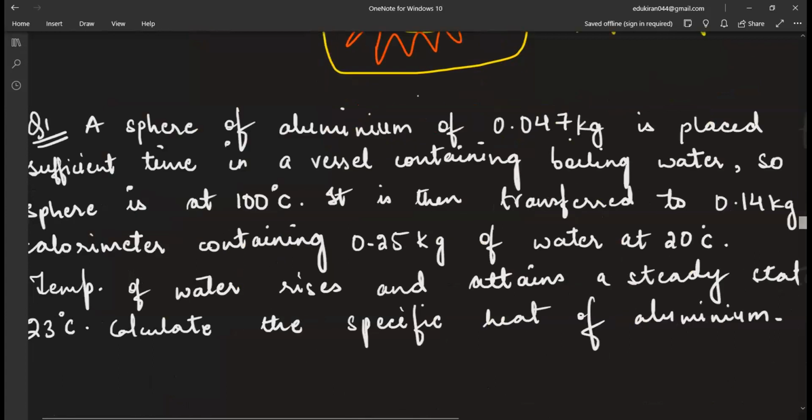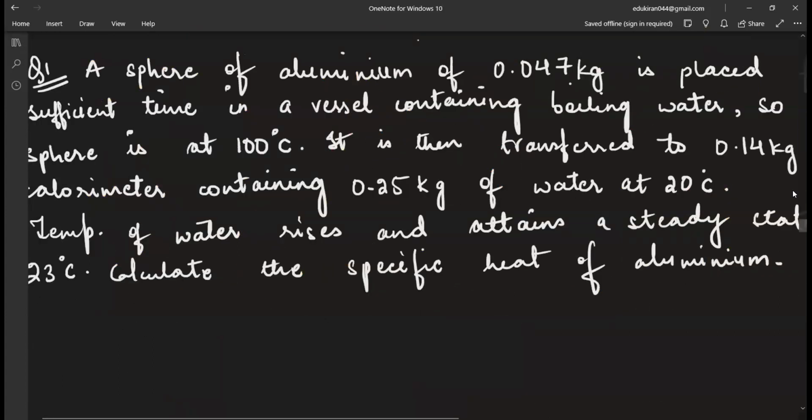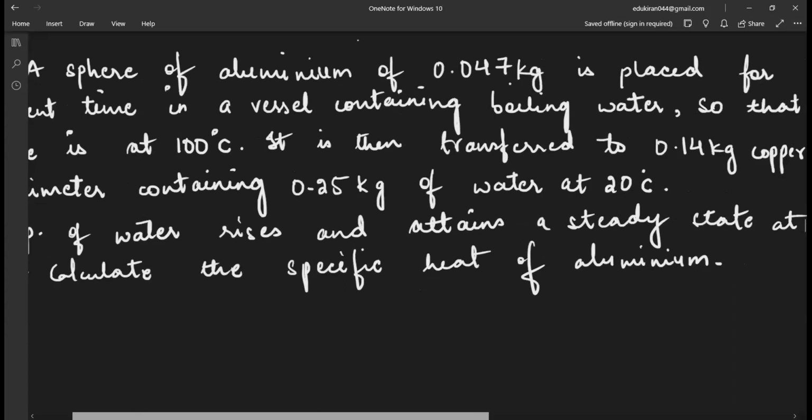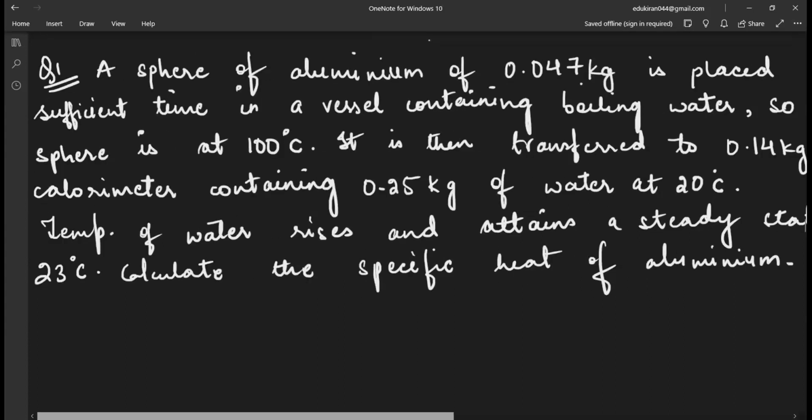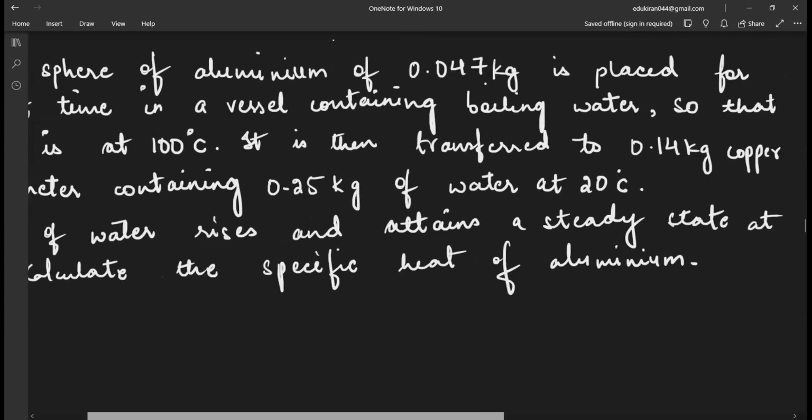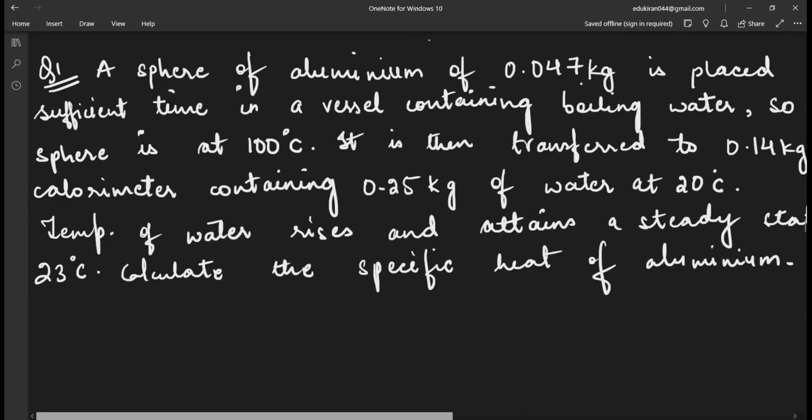This will be cleared with the help of this question. Through this question, you will be able to understand how to apply heat gain is equal to heat lost. The question says a sphere of aluminium of 0.047 kg is placed for sufficient time in a vessel containing boiling water so that the sphere is at 100 degrees Celsius.